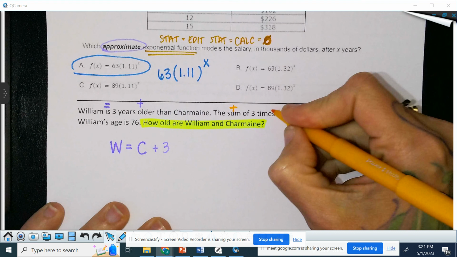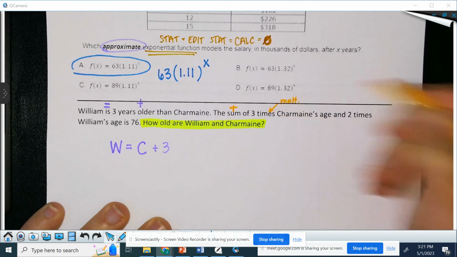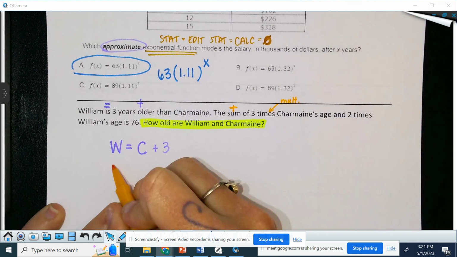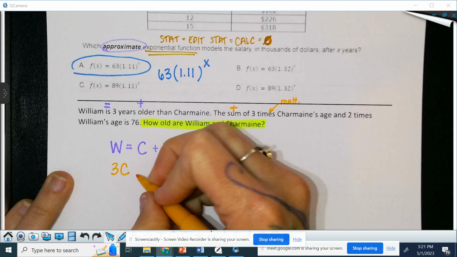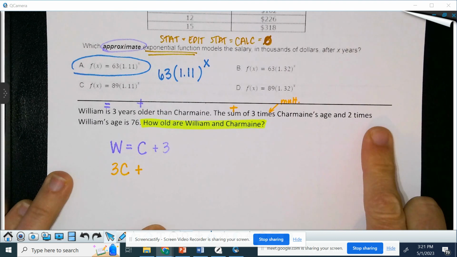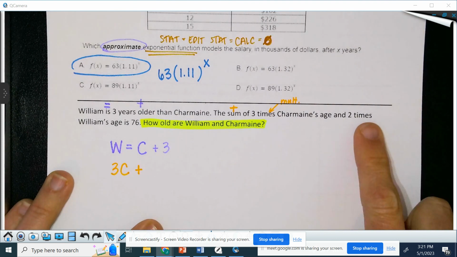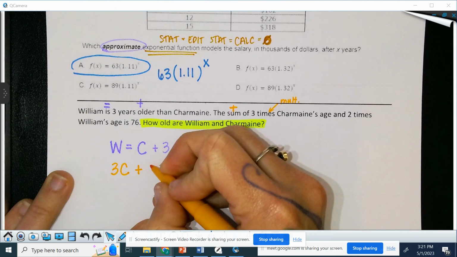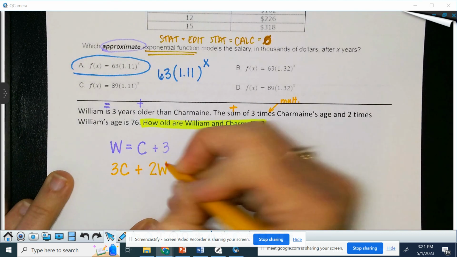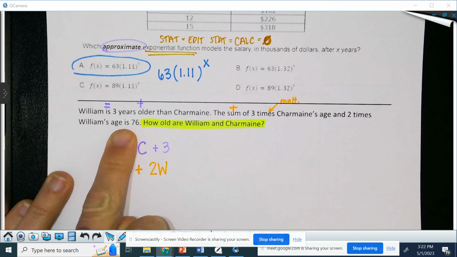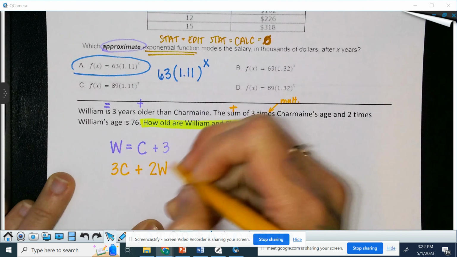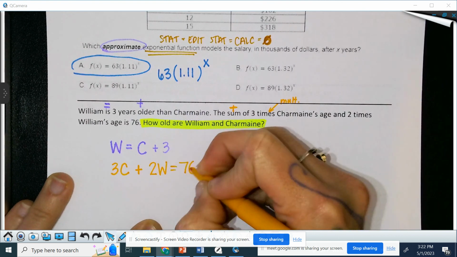So 3 times Charmaine, so we're going to do 3 times C. And we're adding it, sum, 2 times William. And we said times is multiplication. So 2 times W is, and we said is the same thing as equals, good, 76.